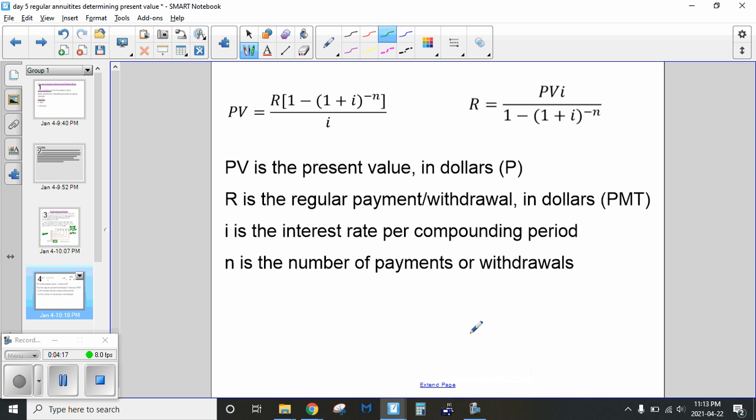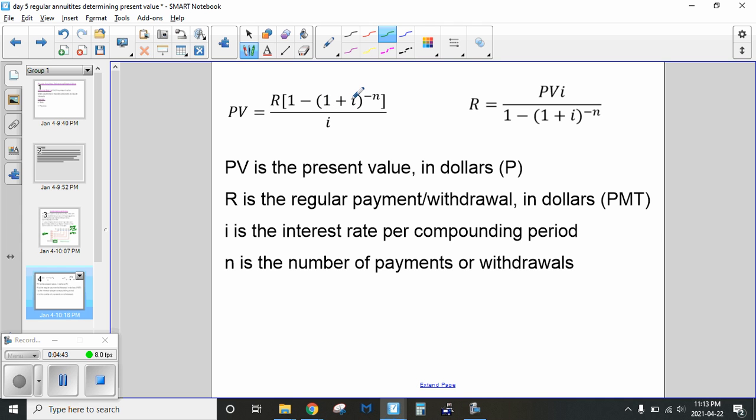The formulas here are pretty similar to the future value ones in the previous video, except instead of future value, we see PV for present value. You can also think of that like the principal or the beginning amount of money. Again, we see R for a regular payment or withdrawal. Sometimes we'll also see payment, PMT, in that spot.